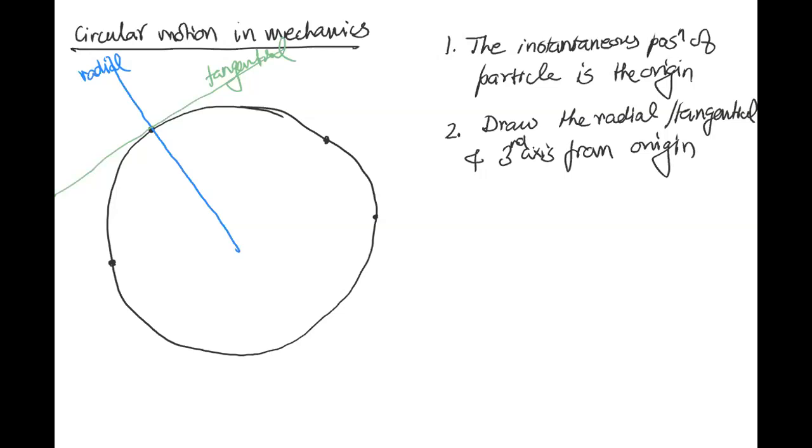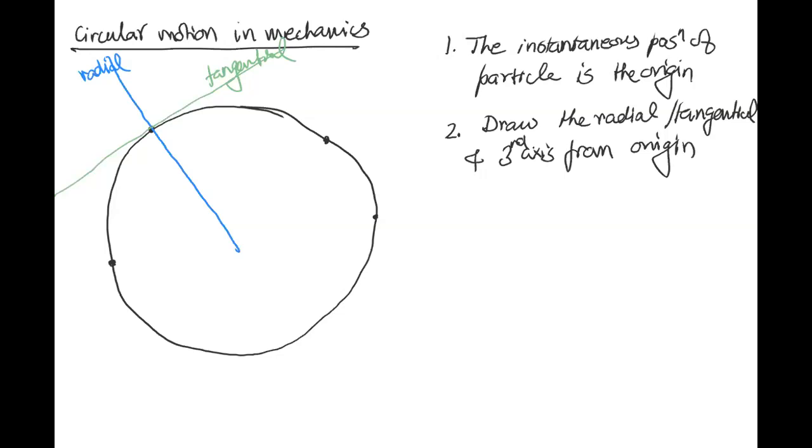I will not be teaching you spherical polar coordinate system, but I will be teaching you polar coordinate system, or at least some amount of polar coordinate system. And I will show you why we don't prefer to teach you this at this stage.